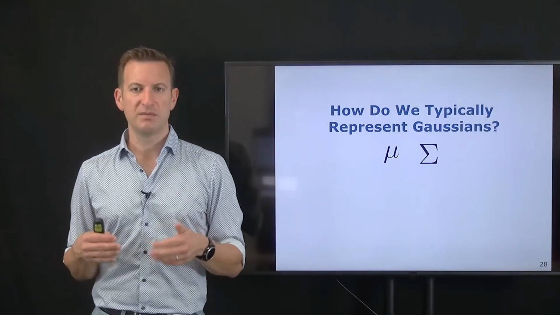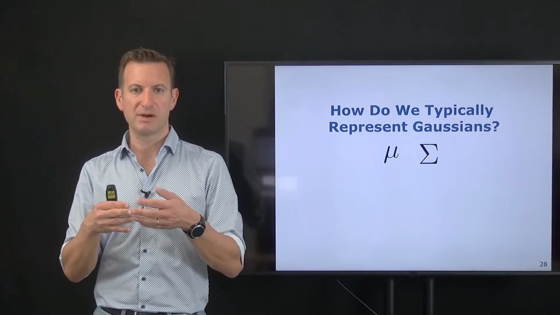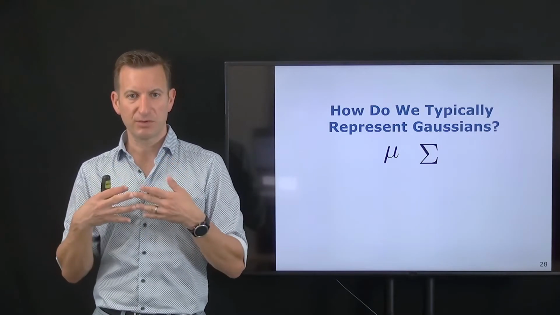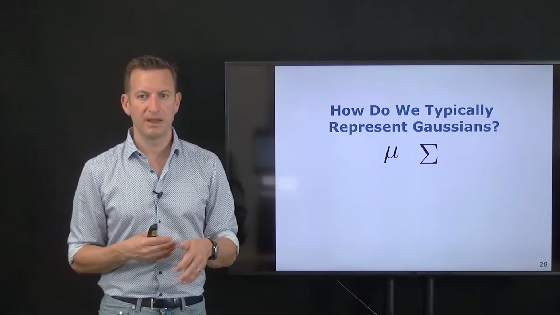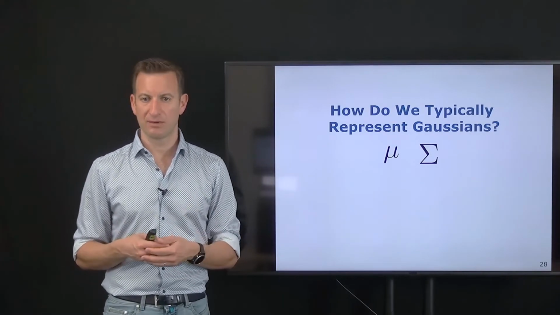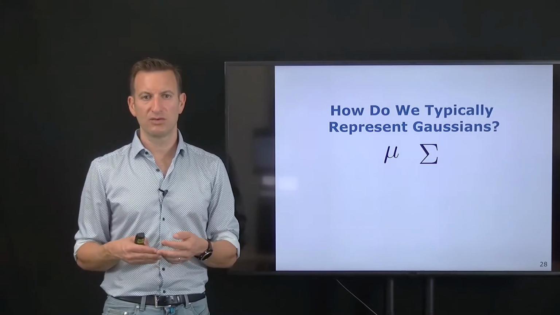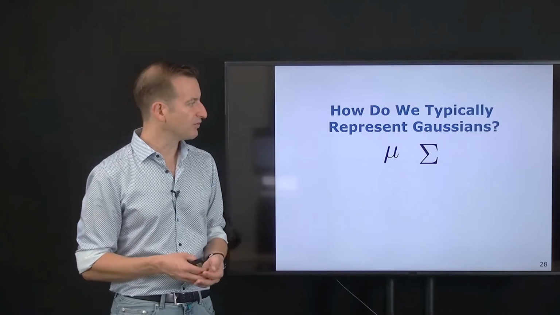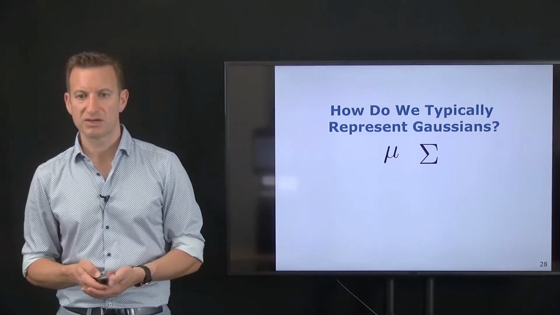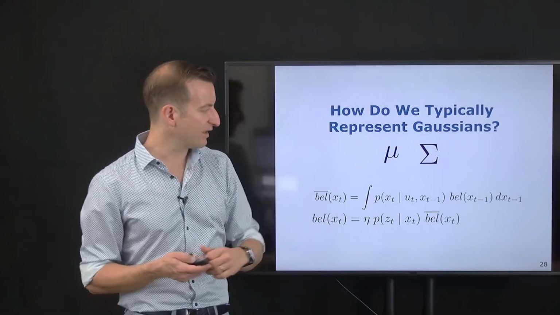We start with the mean and the covariance matrix of the belief, the parameters of the belief at the previous point in time, and evolve it into the new mean and new covariance matrix at the current point in time. So from t-1 to t, taking into account a Gaussian distribution for the motion noise and a Gaussian distribution for the observation noise. So everything stays Gaussian in here.